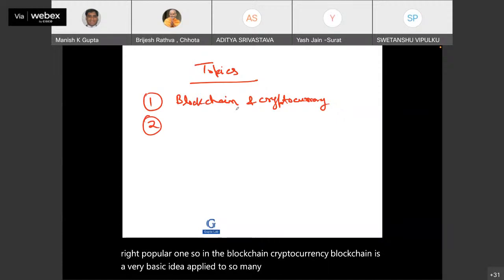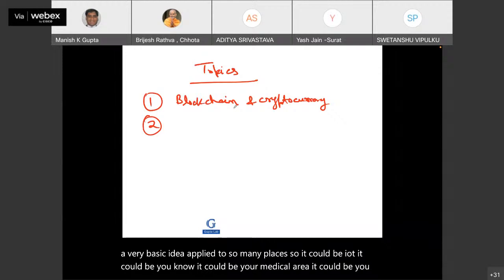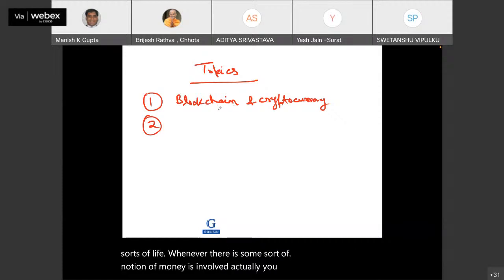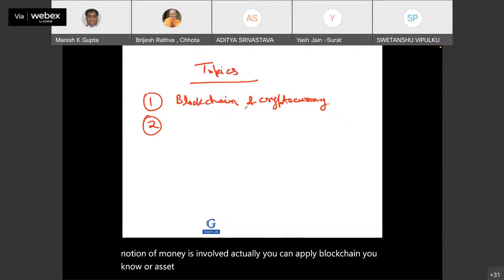It could be IoT, it could be your medical area, it could be all sorts of life. Whenever there is some notion of money involved, or asset distribution actually, you can apply blockchain. Okay, so plenty of opportunities are there in blockchain cryptocurrency.